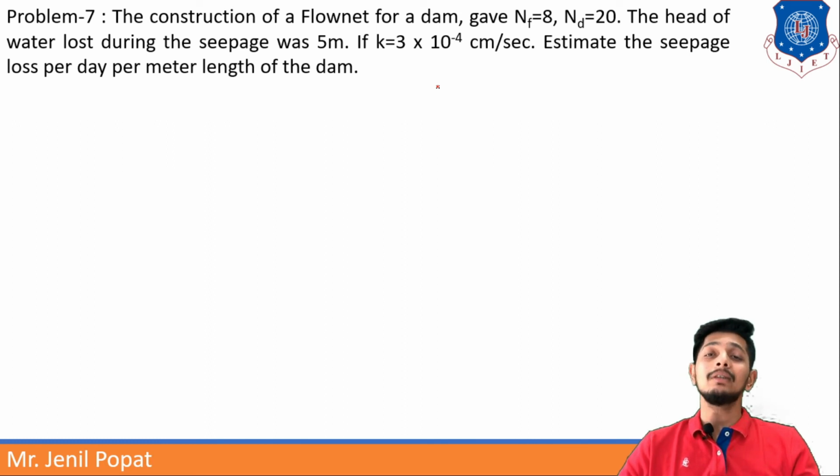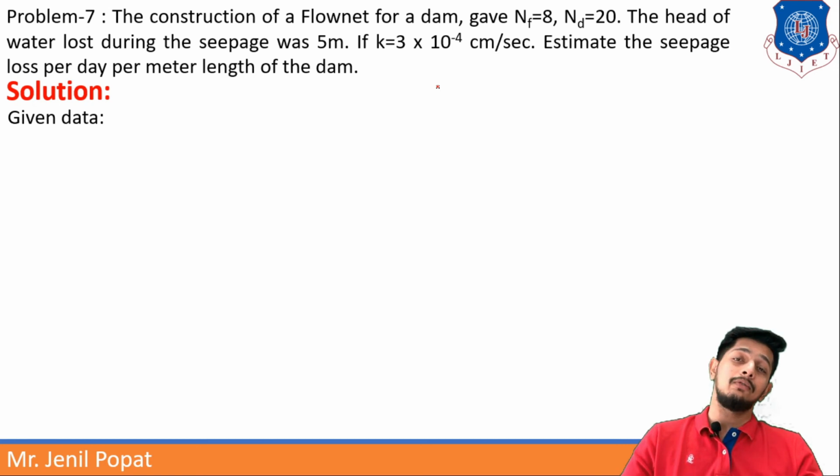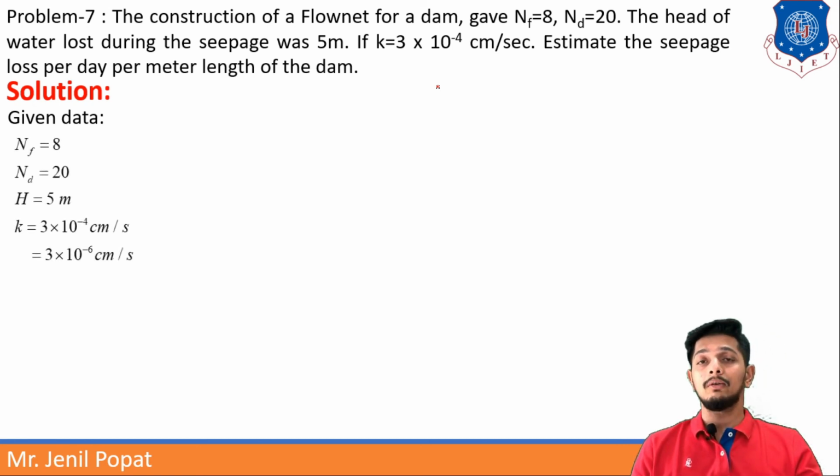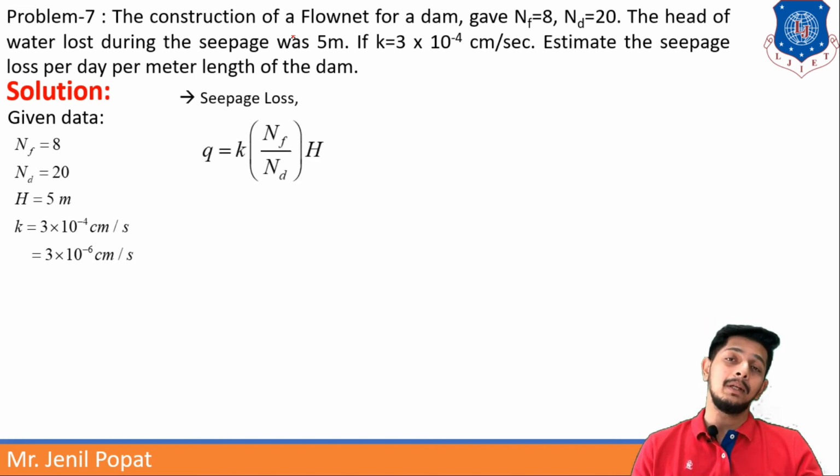So basically we want seepage loss. We understood in the applications of flow net, seepage loss can be found out. Let us write given data. NF 8, ND 20, K 3 into 10 raised to minus 4 centimeter per second, and H is equal to 5 meter. Now it is quite simple to find out seepage loss. We have studied the formula Q is equal to K into NF by ND into H, where NF by ND was termed as shape factor.